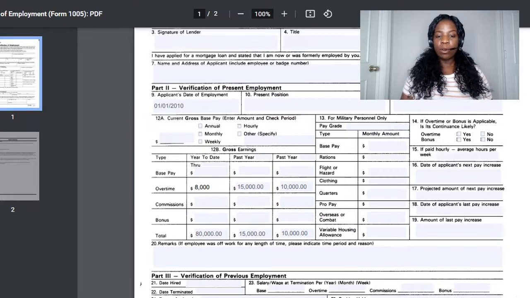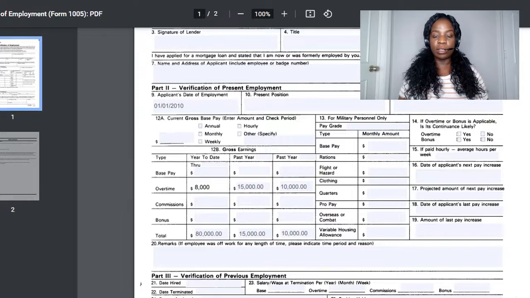Today we're going to talk about overtime, commission, bonus, that type of variable income, and how to attack it, things to take into account when calculating it, etc.